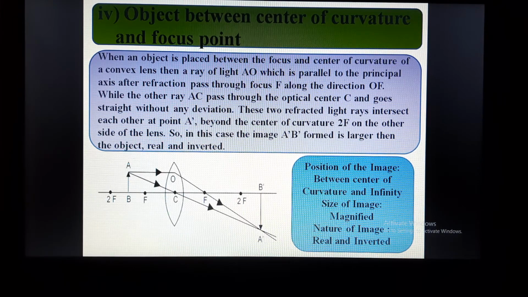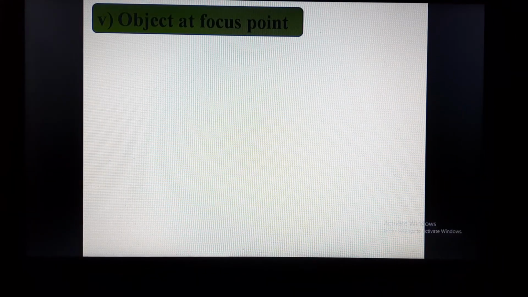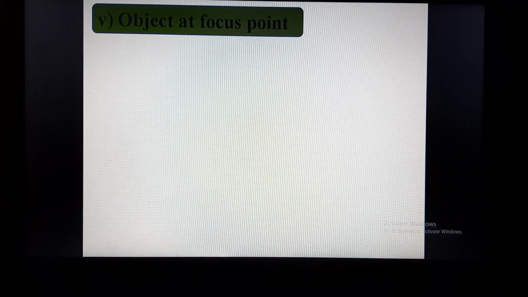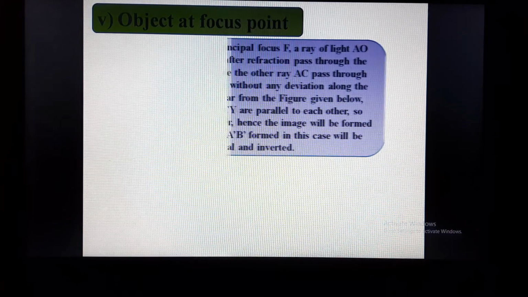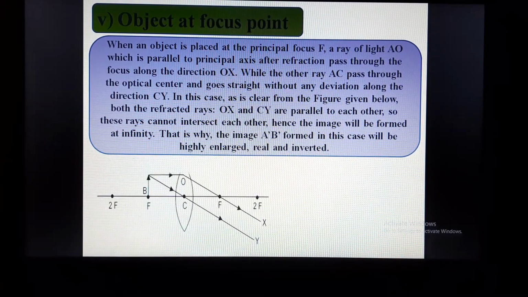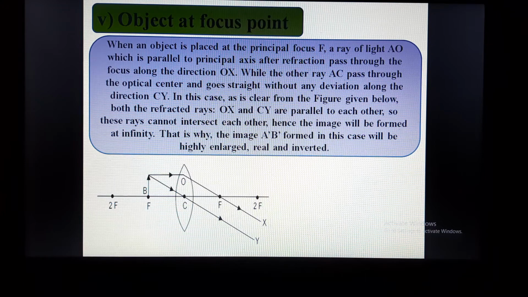Okay, so our next topic is when the object is placed at the focus point. For this position of the object, you see the ray diagram in the slide.